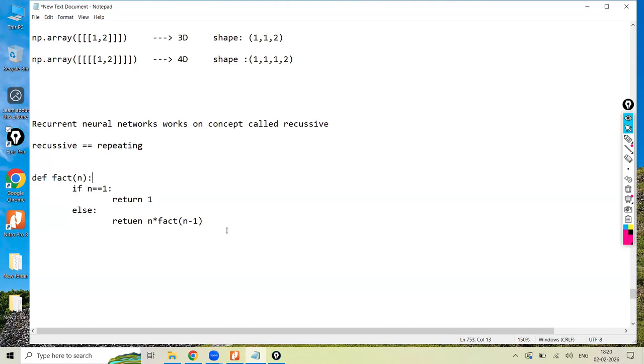So the neural network works based on the recursive concept, taking that value and again providing the same value like that. A neuron will give the output, and that output again will be used as the input for the next neuron.